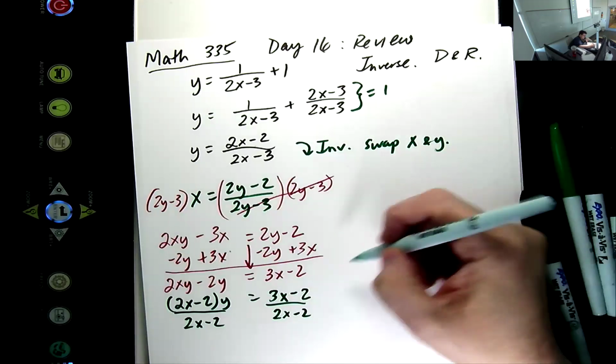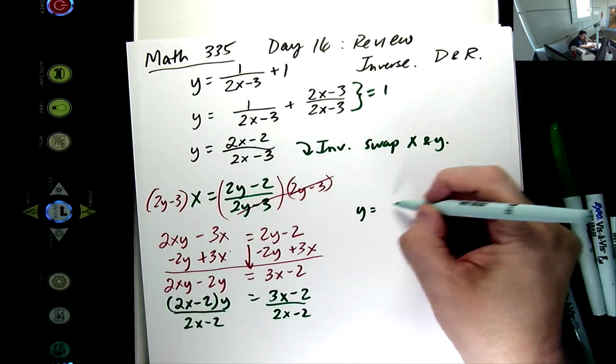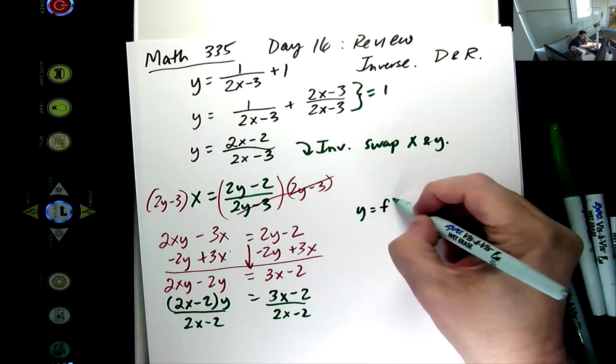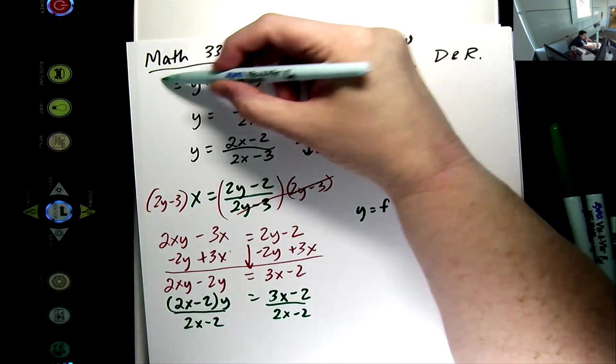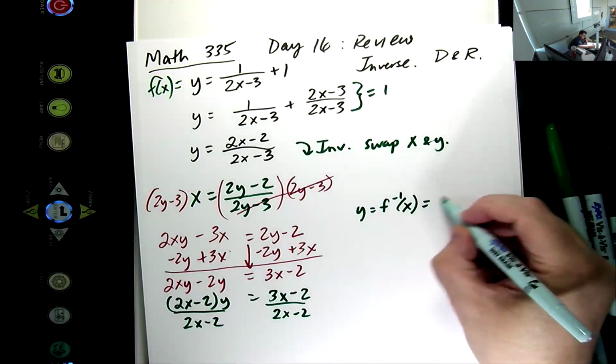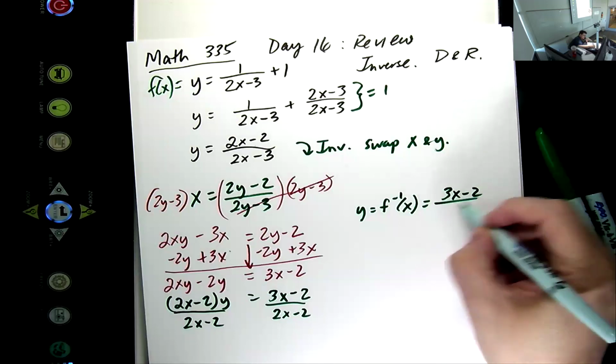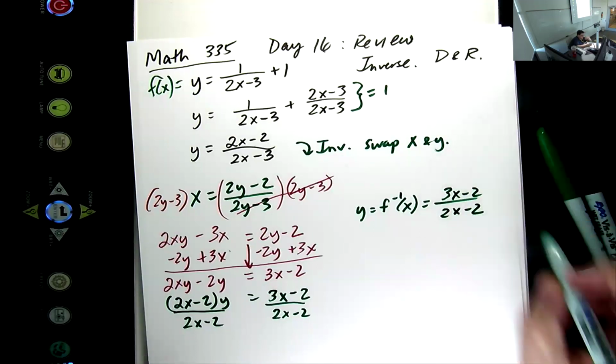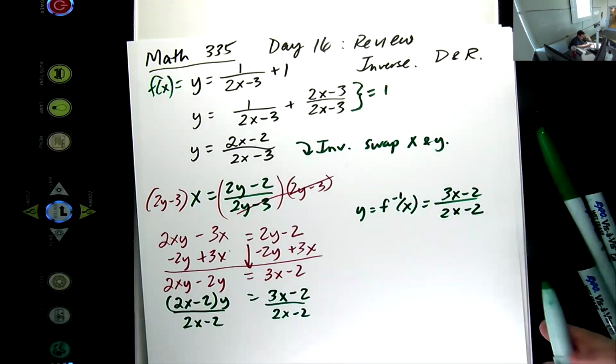And we get y, which is going to be f inverse. Let's say that was f. F inverse of x is 3x minus 2 over 2x minus 2.